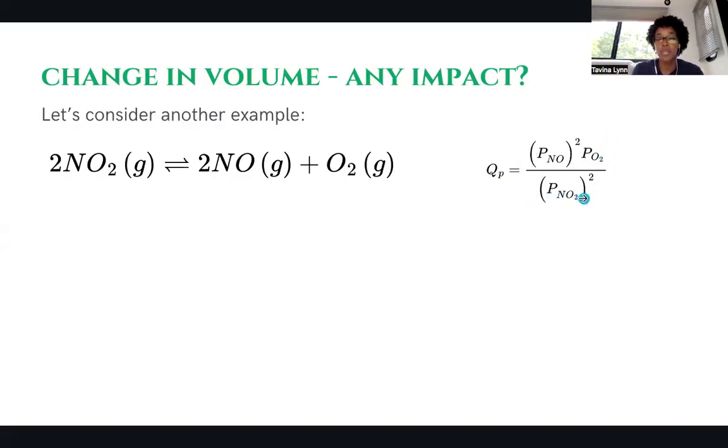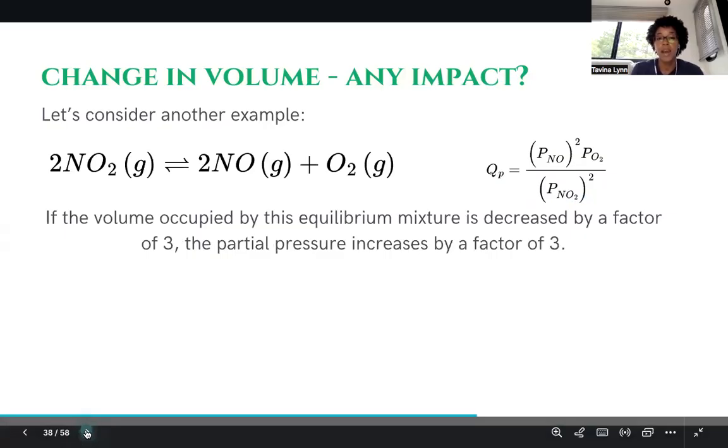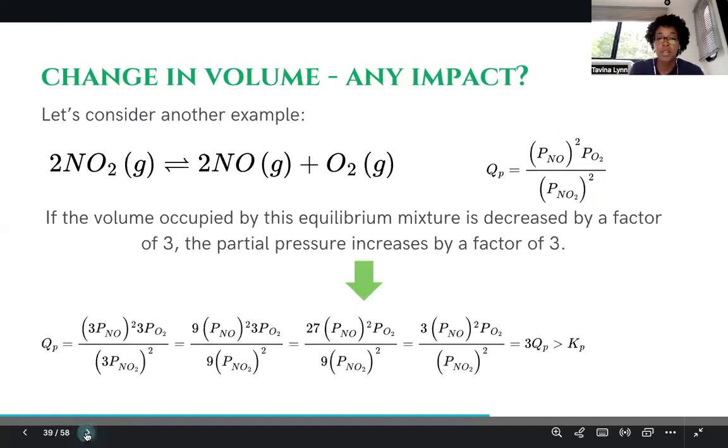It will be equal to K. We have products over reactants raised to their coefficients. Now, same example, if we change this volume by decreasing it by a factor of 3, thereby increasing the partial pressure by a factor of 3, how will this change Q sub P?